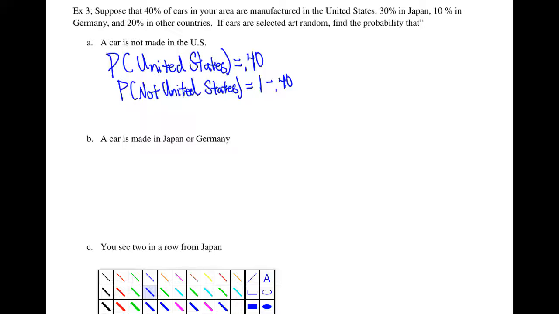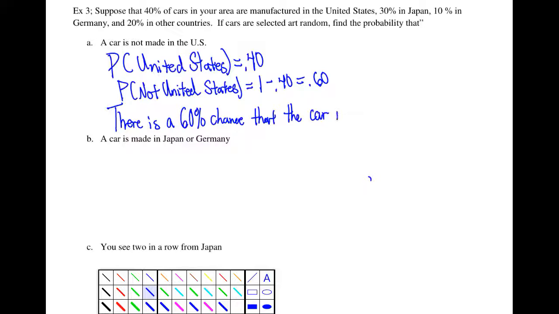And so obviously, if you do the math here, you're going to get 0.6. So to write it out, there is a 60% chance that the car is not made in the U.S.